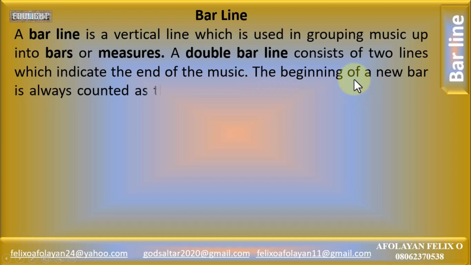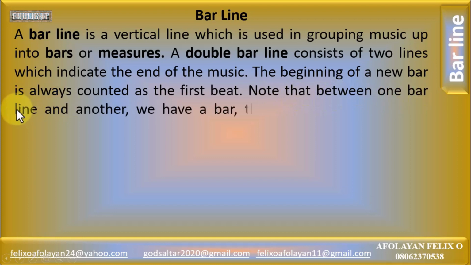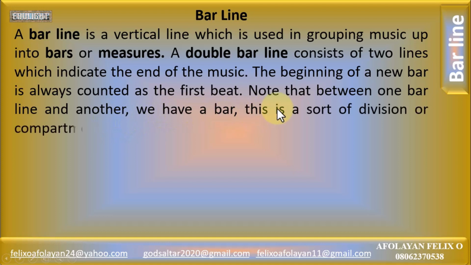The beginning of a new bar is always counted as the first beat. Note that between one bar line and another, we have a bar. This is a sort of division or compartment for the notes.